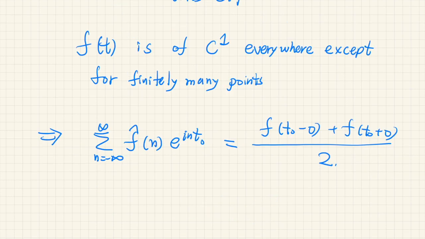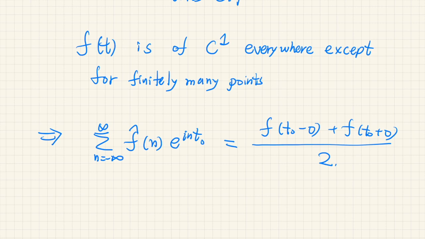And here is an important theorem about the pointwise convergence of Fourier series. Suppose f of t is of class 1. That means it is continuous and its derivative is also continuous everywhere except for finitely many points. Then the Fourier series of that function at t0, some point, converges to this quantity.